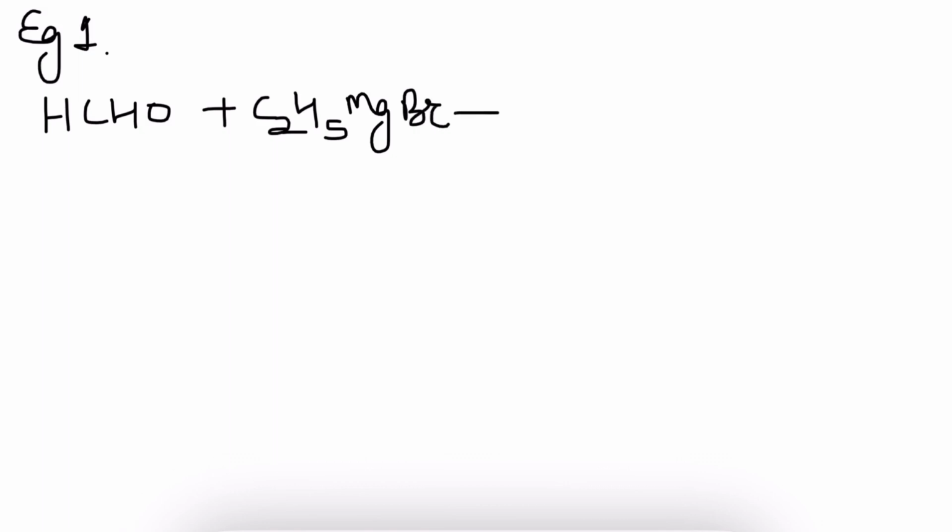Let us understand how the addition reaction takes place with methanol and with other carbonyl compounds. Let's take the simplest aldehyde HCHO, formaldehyde, with ethyl magnesium bromide. The two undergo addition reaction. HCHO has carbonyl carbon and carbonyl oxygen.